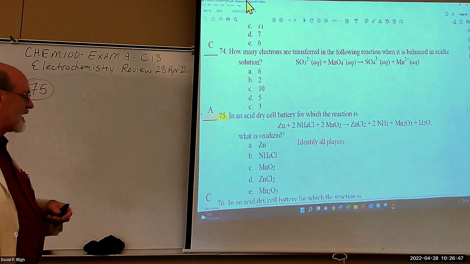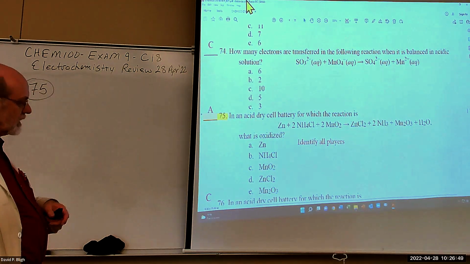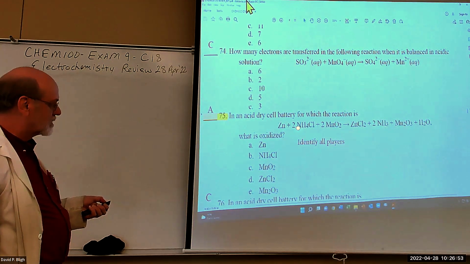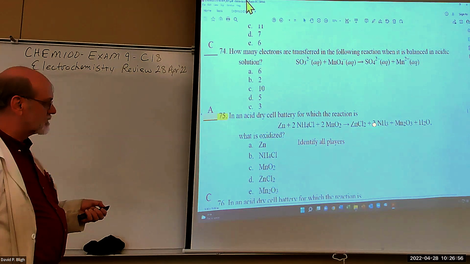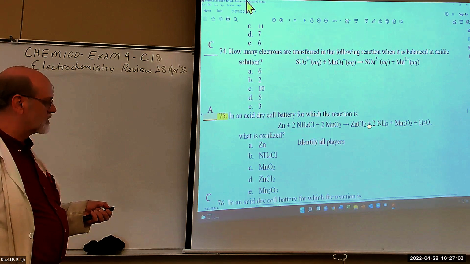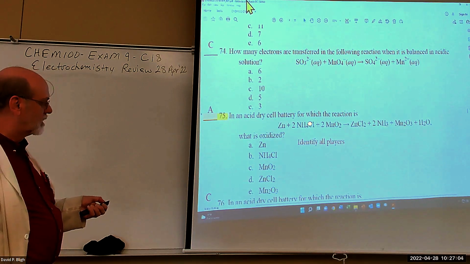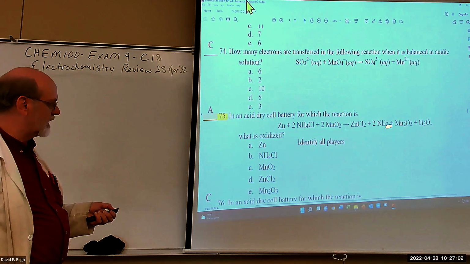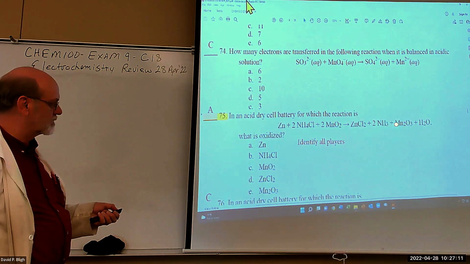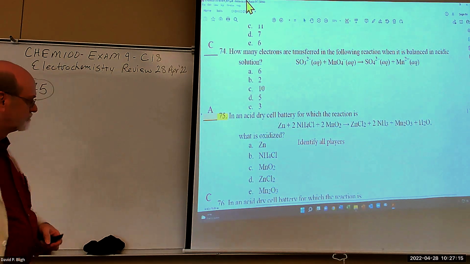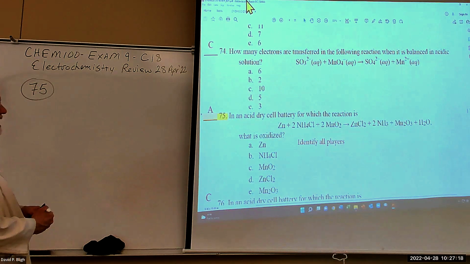In an acid dry cell battery for which the reaction is, and it looks to me like it's balanced. Zinc, 2 nitrogens, 8 hydrogens. There's 2, 6 is 8, yep. 2 chlorines, 2 chlorines, 2 manganese, 4 oxygens, 3 plus 1 is 4. That one is balanced. What is oxidized?